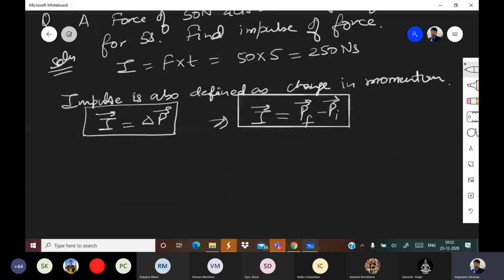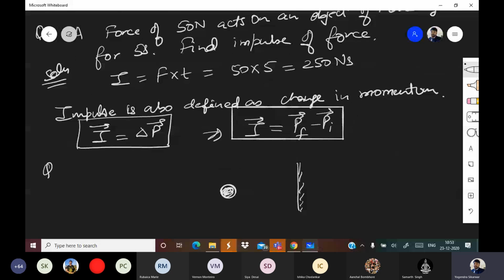Question. This is a wall and this is a ball. Mass is 5 kg, 20 meters per second.